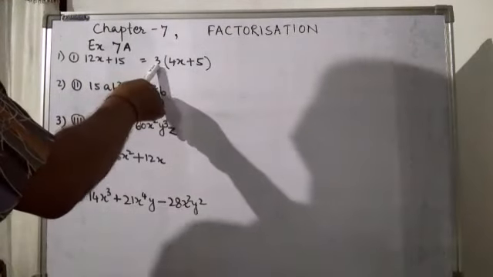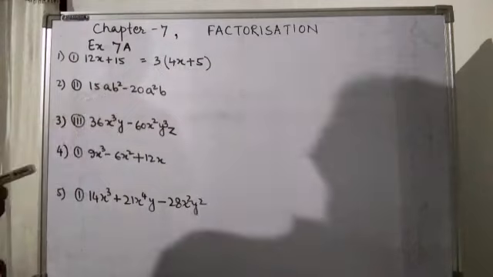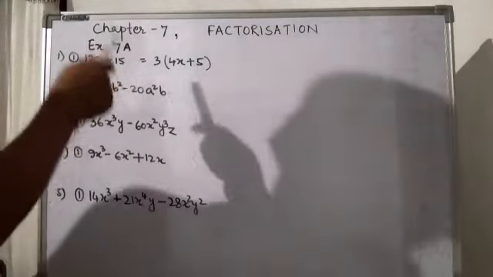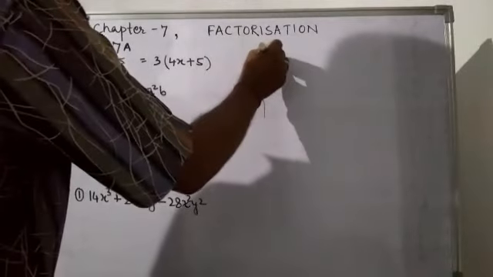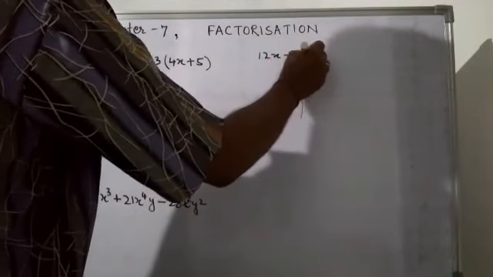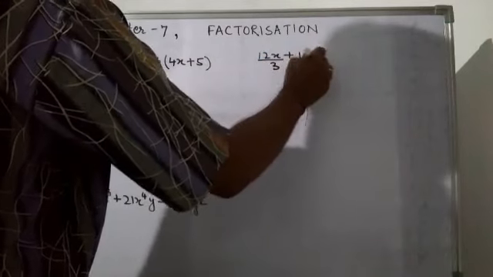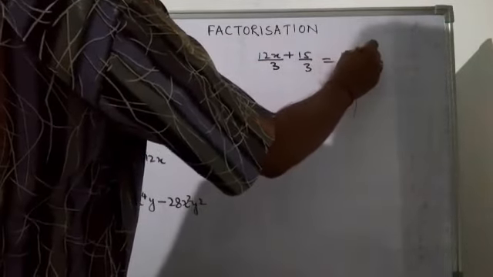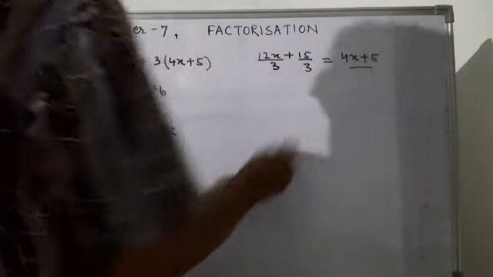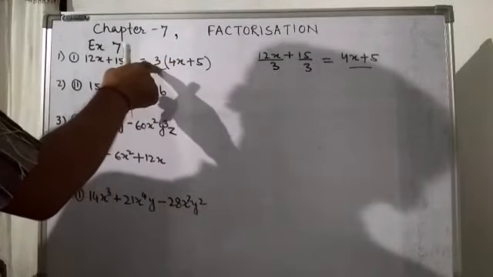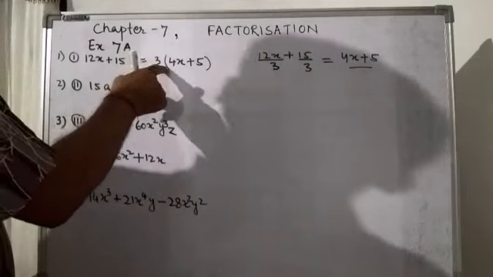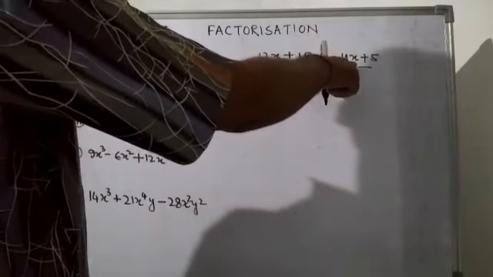One is the highest common factor and one is the remainder. How do we get this remainder? When we divide 12x plus 15 by 3, we get 4x plus 5. So the product of 3, the highest common factor, and 4x plus 5, the remainder.